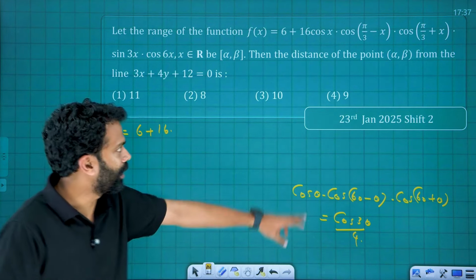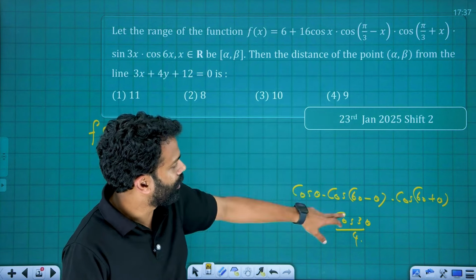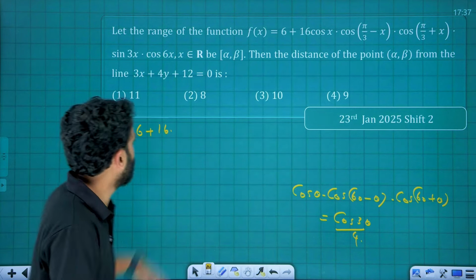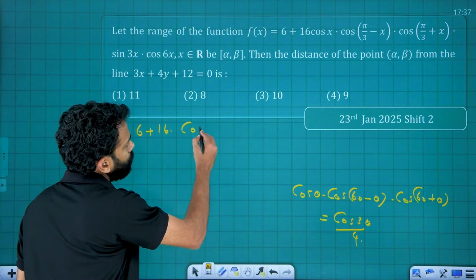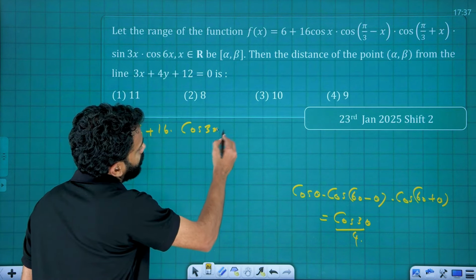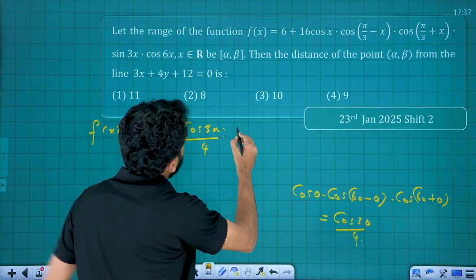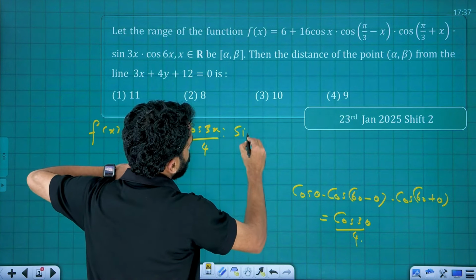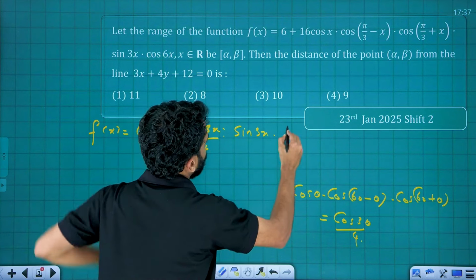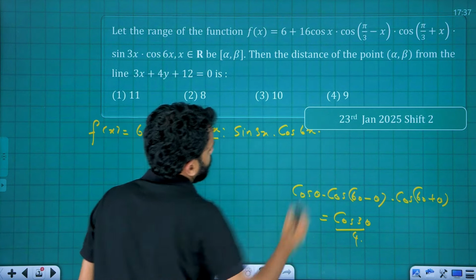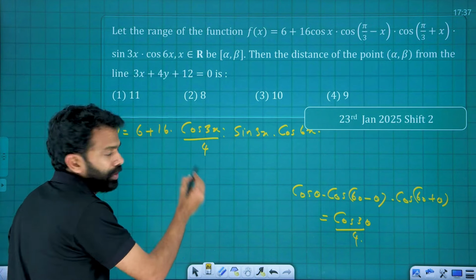So, here we can apply this formula, right? Instead of theta, we have x here. Therefore, it will be 16 into cos 3x by 4 into sin 3x into sin 6x. Listen very carefully.